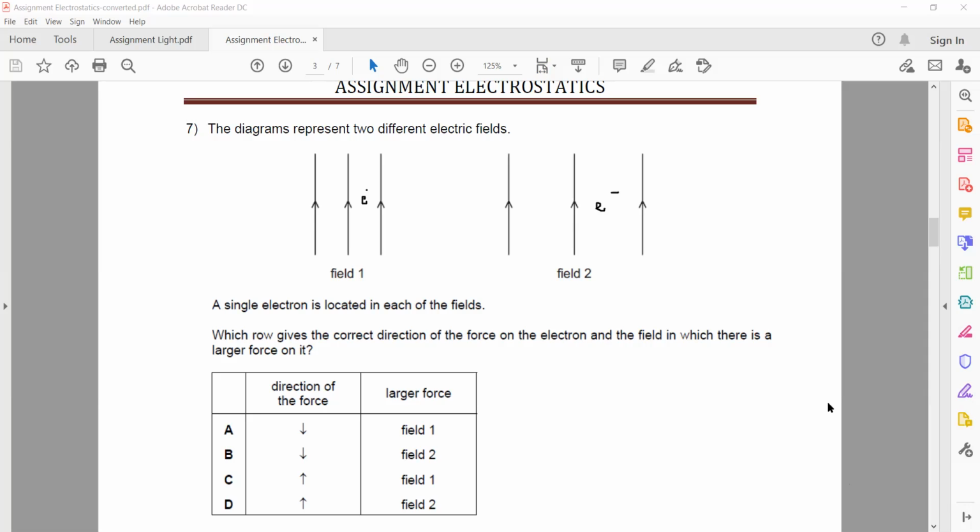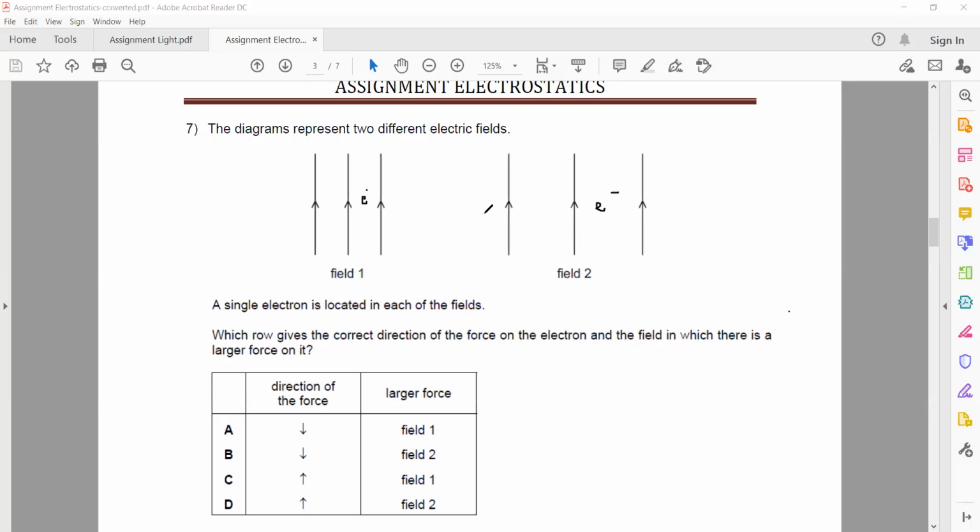So in which direction will this electron move? Electron is a negative charge.